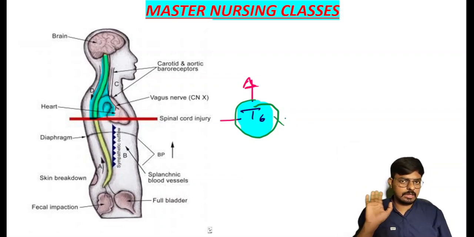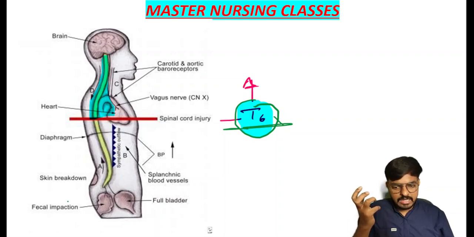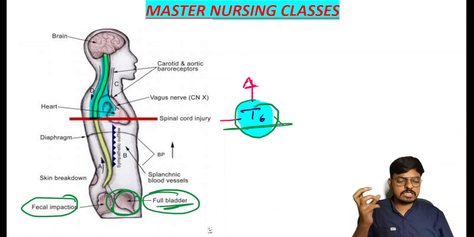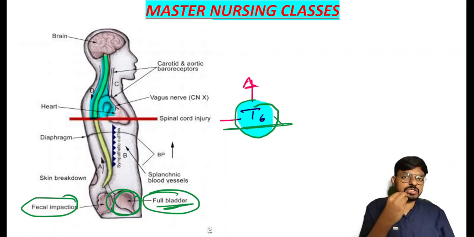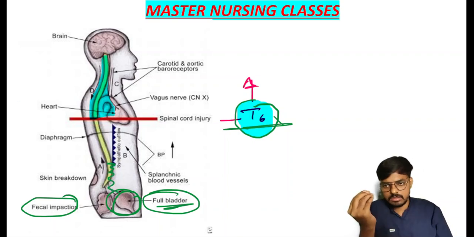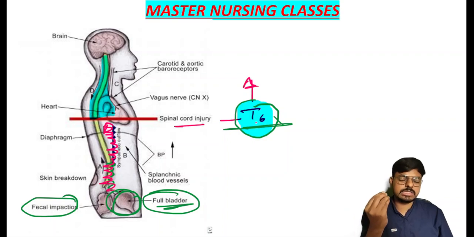So what happens in autonomic dysreflexia? When the patient comes with a spinal cord injury at the level of T6 and above, the bladder is full and the feces is impacted. Here is the bladder. A completely full bladder has to trigger the nerves, and the nerve signals should go up like this. But here there is damage at the T6 level.